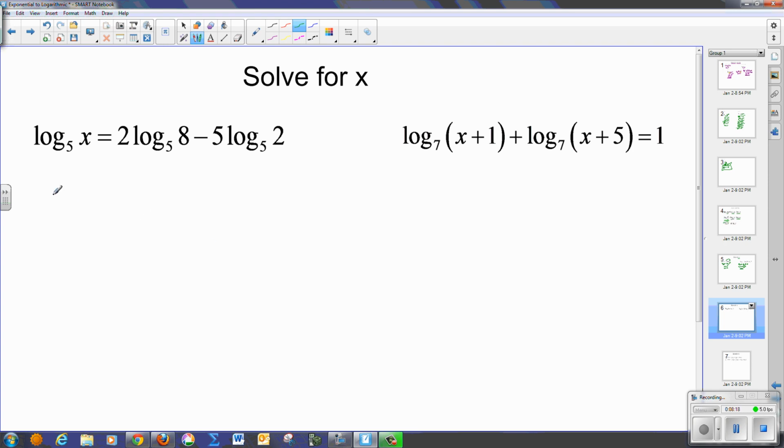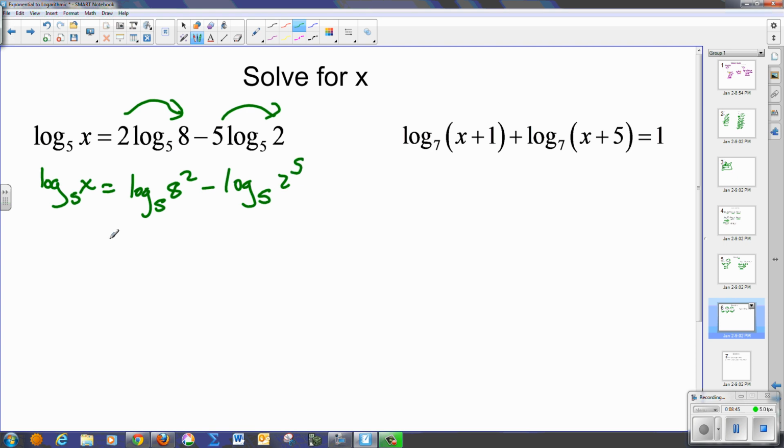Now, you'll notice in this case, I have the log base 5 of some unknown is going to equal this large quantity here. And you'll notice I have two terms out in front, so both of these must go up into my powers. So I have the log base 5 of 8 squared minus the log base 5 of 2 to the 5th. This gives me the log base 5 of 64 minus the log base 5 of 32.